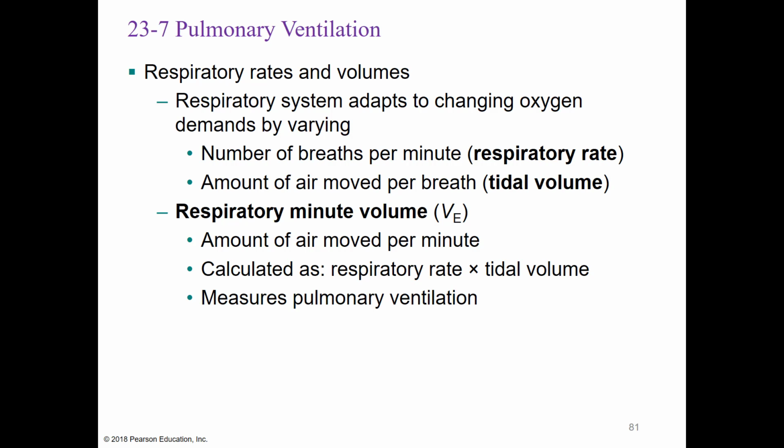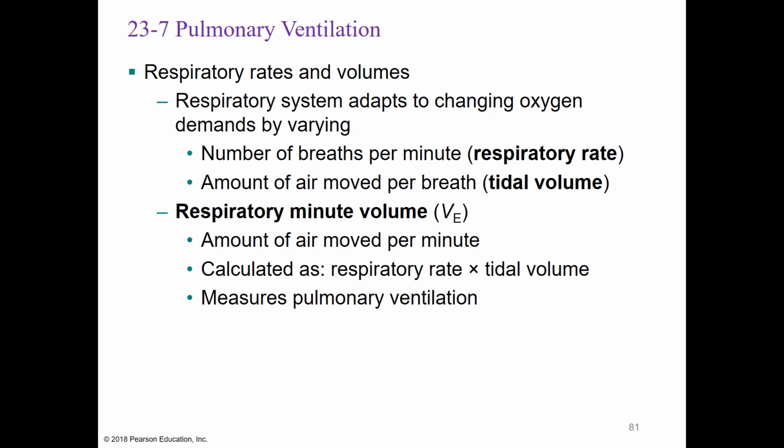Respiratory rates and volumes. So your respiratory system will adapt to changing oxygen demands by varying how many breaths that you take per minute, which is your respiratory rate, and the amount of air that you move in each of those breaths, which is known as the tidal volume.